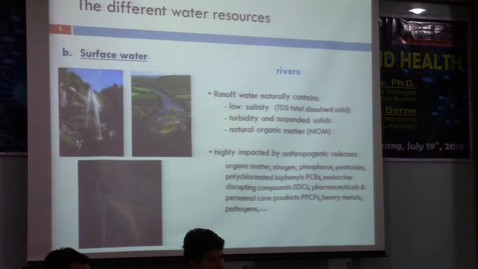So you can find nitrogen, phosphorus, pesticides, for example, coming from the agricultural practices. And you have also micropollutants, new micropollutants, I would say, endocrine disruptors, pharmaceuticals, for example, in this water.